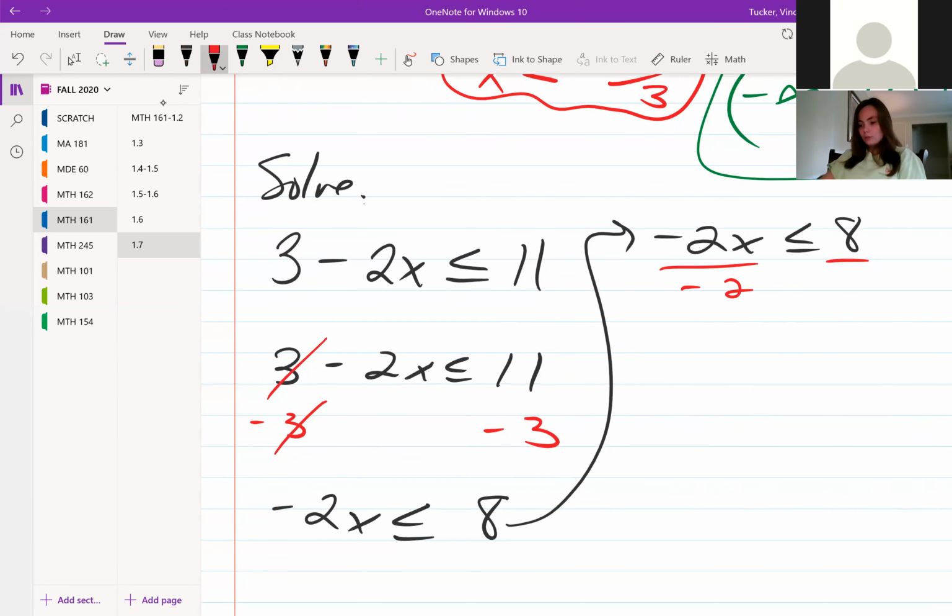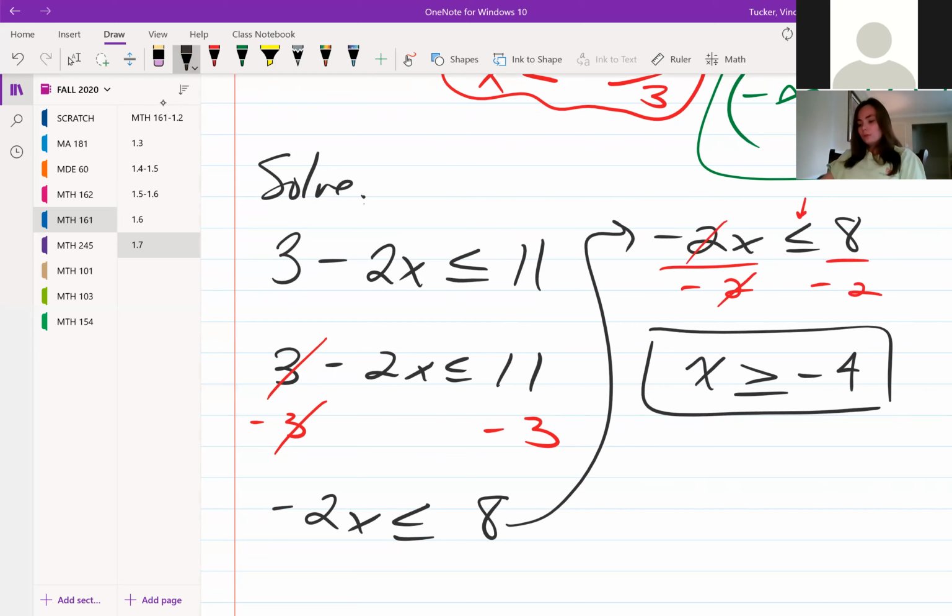Divide by negative 2. X is, once again, we divide it by a negative. So that less than symbol turns into greater than. That is my solution set.